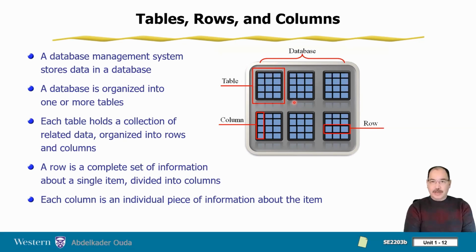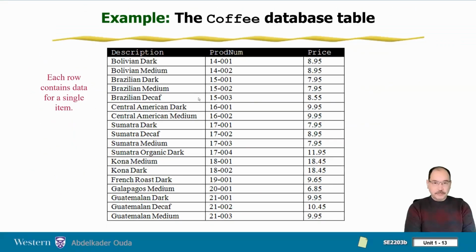So a table is a class, an entity class. Each attribute in the class represents one single column in the table. And then every row in the table represents one single object as an instance of that class. And more on this later on. But this is the terminology we use for database management systems.